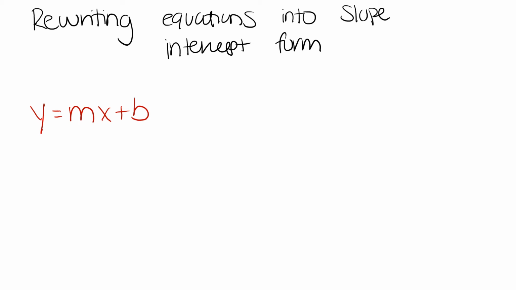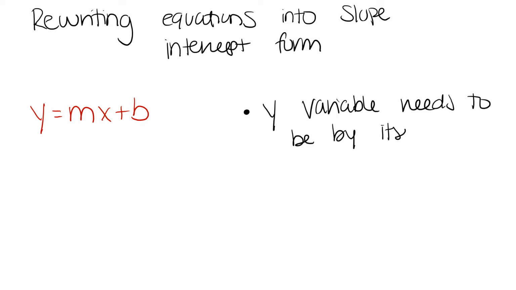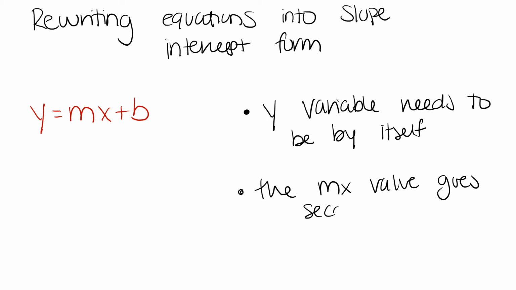When we are rewriting equations into slope-intercept form, we need to remember that the y variable needs to be by itself. The mx value goes second, and the b value goes last.